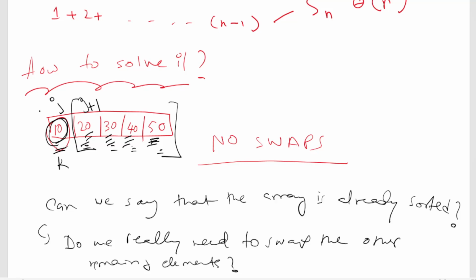So can we say that if we don't have to swap the first number, the rest of the array or the entire array is sorted? And can we say it blindly, without checking?